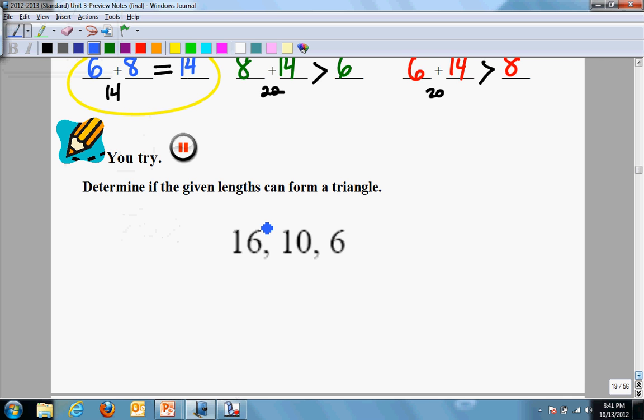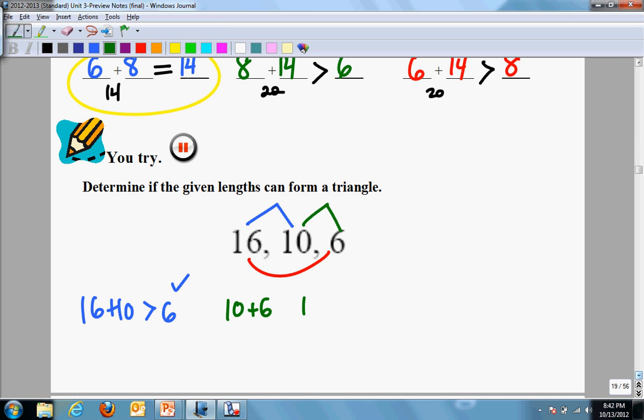Okay, welcome back. Let's try it. Eyebrow, eyebrow, smiley. 6 plus 10 is 16. 16 plus 10 is 26. That's greater than 6. Yes, check. Let's try the green. 10 plus 6 and then 16.